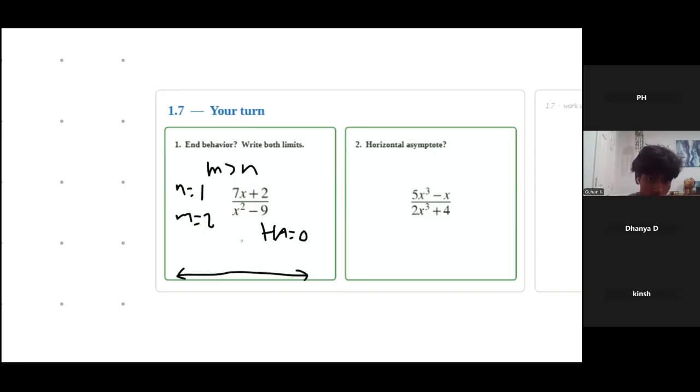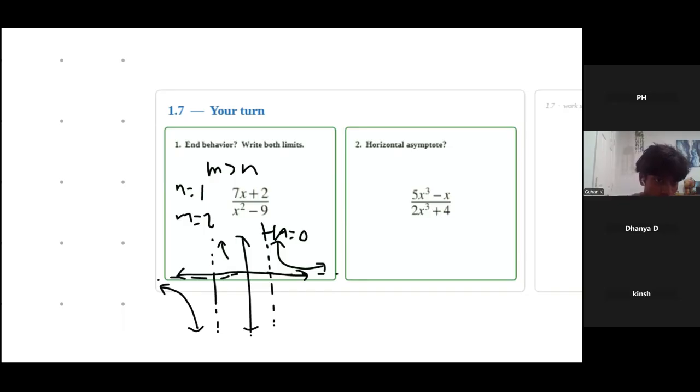But I'll just give you guys a rough sketch of the graph so that you can see as well. That's going to be a vertical asymptote. That's going to be a vertical asymptote. Horizontal asymptote. And then it will be something like that. All right, that's going to be our graph.